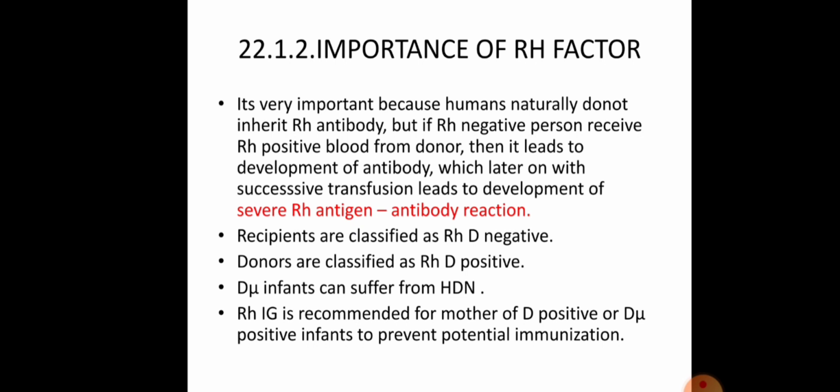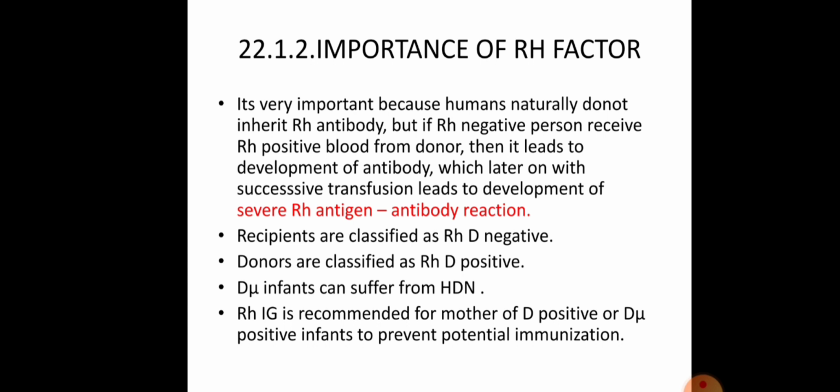So for that, the recipients are classified as Rh negative, whereas the donors are classified as Rh positive. Because of the Du variant in the donor, it will come into the patient, and they will form antibodies, and successive transfusion can lead to reaction.